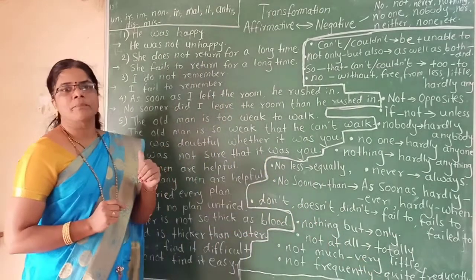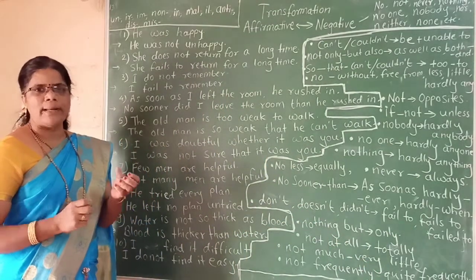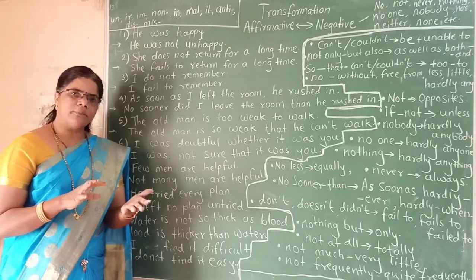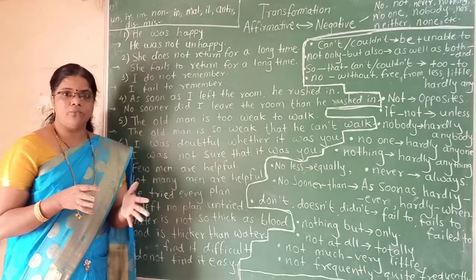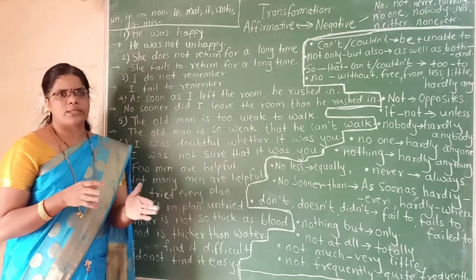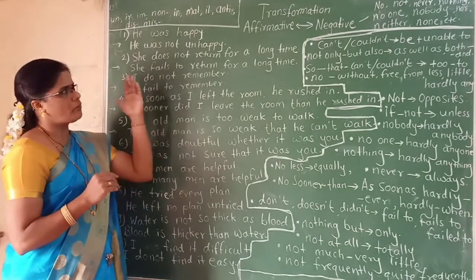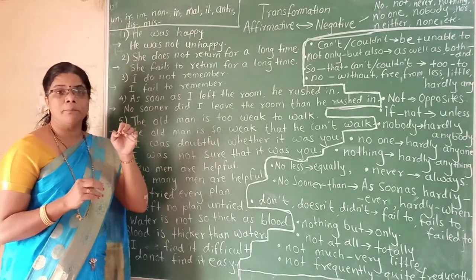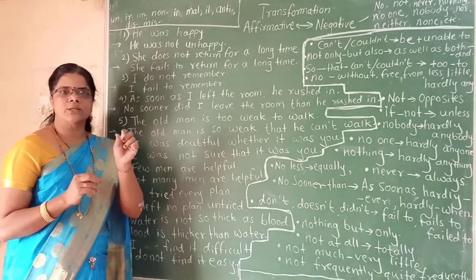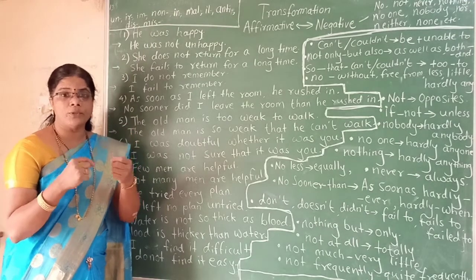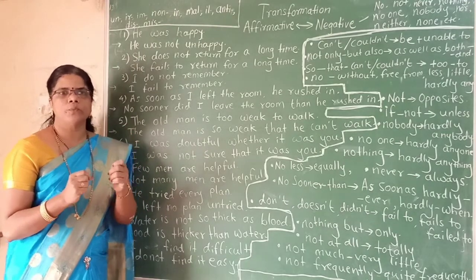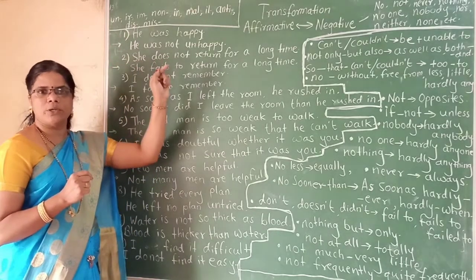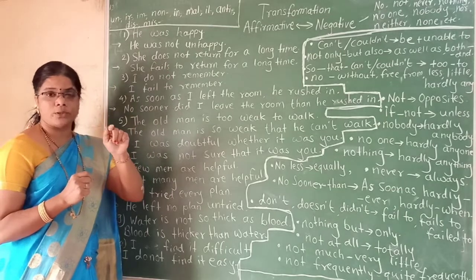So friends, we have to also find out some opposites of some words. Some words can be changed irregularly, but some words we can change to antonyms or opposites by adding some prefixes. A prefix is a group of letters which is added before the word, and those prefixes we are going to see over here.